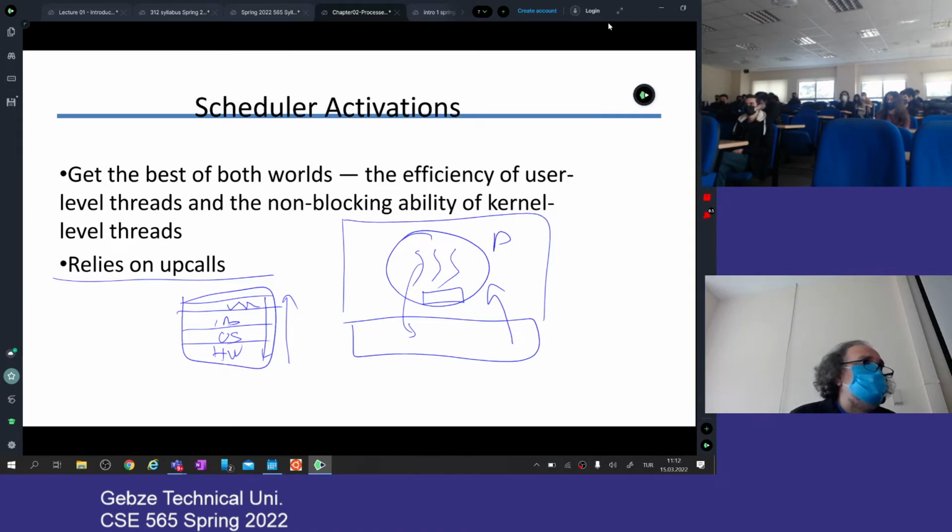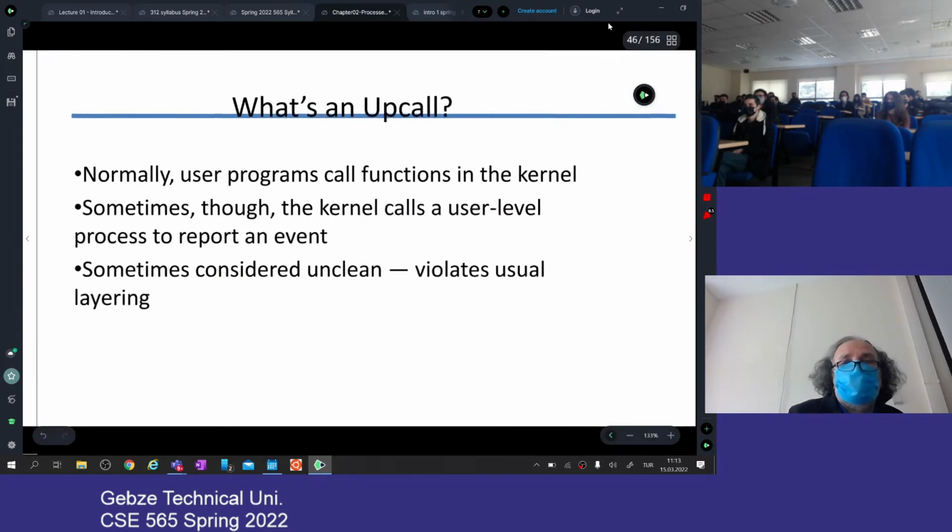I am asking for something, it says that the data is not ready, you can continue. So the operating system is running in parallel with me without satisfying my requests. It's not that easy to write code for this kind of stuff, but it is available. It's called up calls or the scheduler activations. And as I said before, it is kind of tricky and some people don't like this.